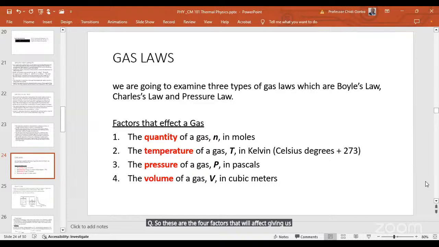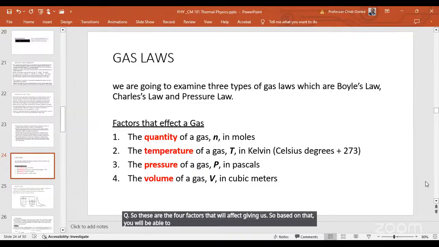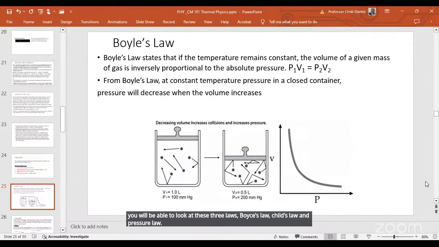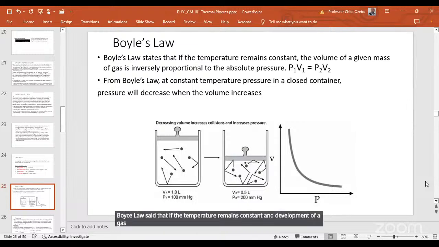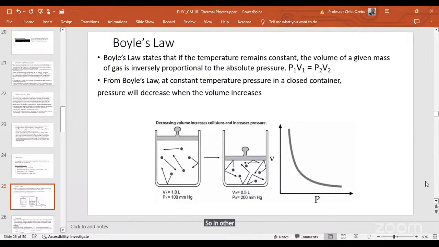So based on that, you will be able to look at these 3 laws: Boyle's law, Charles' law, and pressure law. Boyle's law says that if the temperature remains constant, the volume of a gas is inversely proportional to the absolute pressure. So in other words, P1 V1 is equal to P2 V2. As you can see from that formula or from the figure here, when V is 1.0 liter, pressure is 100 millimeter mercury.